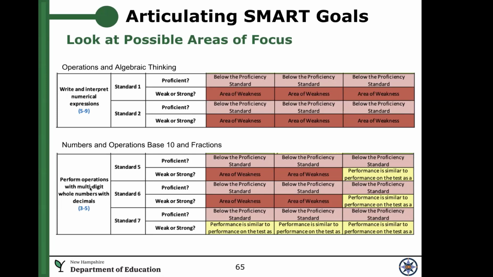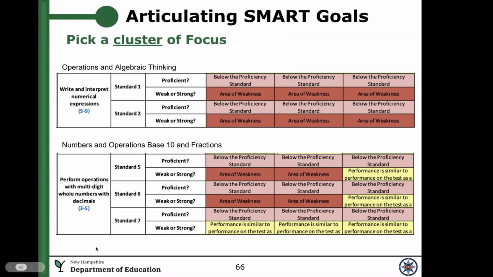But if I'm a fifth grade teacher, I might also know that this particular cluster of standards, performing operations with multi-digit whole numbers and decimals, actually goes across a whole bunch of standards in fifth grade. So I might choose this one because I know that particular standard can be inserted in a lot of the units that I'm teaching in fifth grade math.